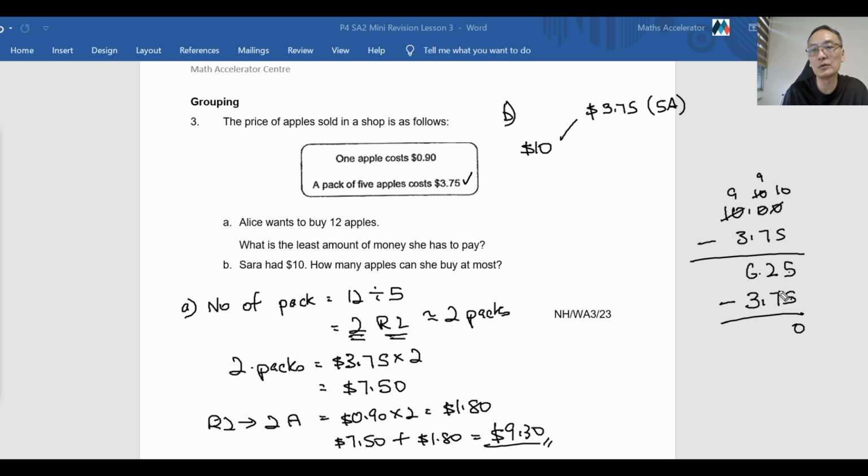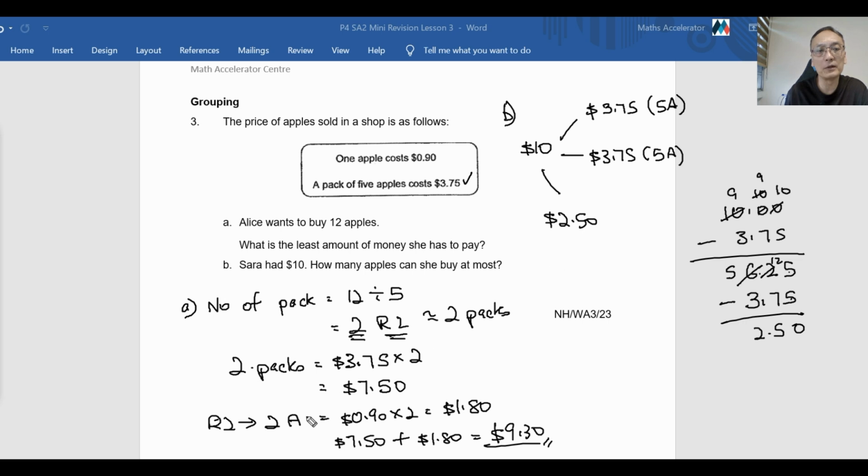5 minus 5 is 0. 2 cannot minus 7. We borrow. Here becomes 5. Here is 12. 12 minus 7 is 5. 5 minus 3 is 2. So we can buy one more pack of 5 apples, and we're left with $2.50.